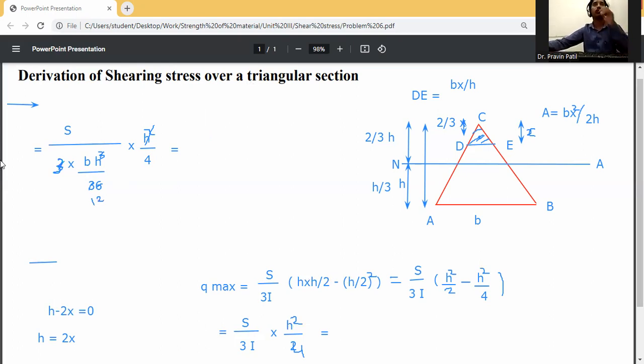What is remaining here? So this 12 and this 12. What is remaining here? H square by 2, H square by 4. 1 by 2 minus 1 by 4 will be 1 by 4. Just I will cross check this value.